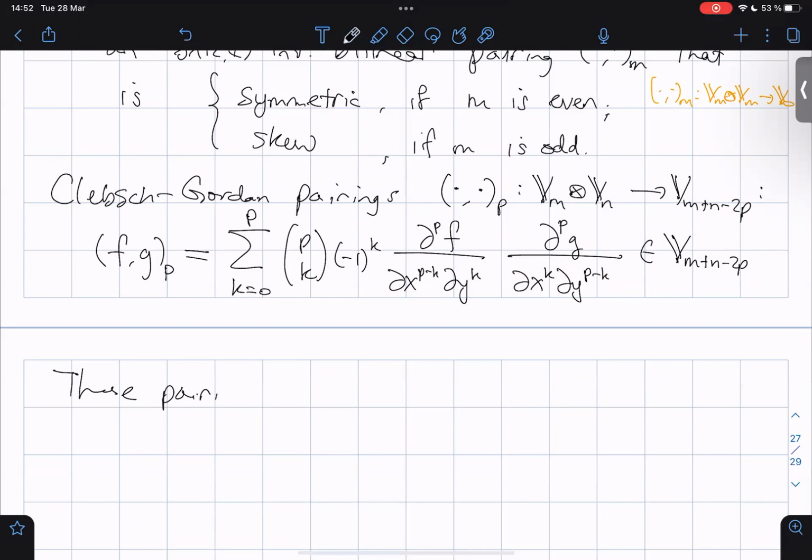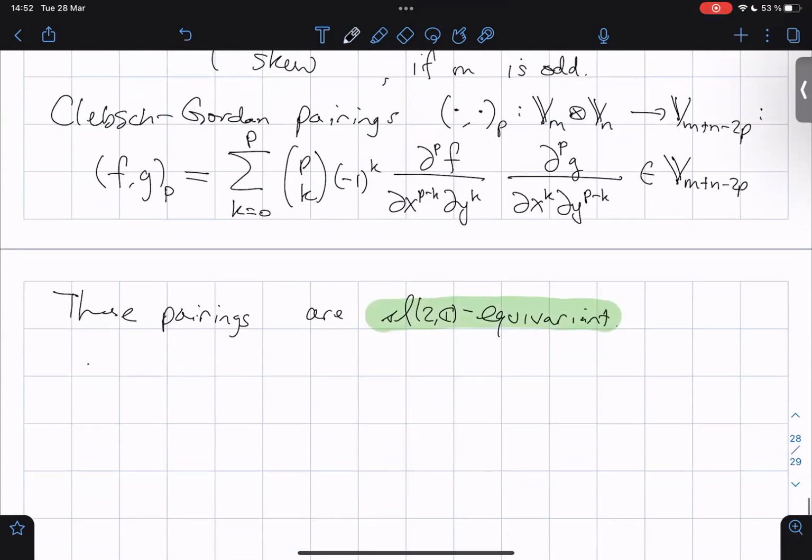So these pairings are so-called SL2C equivariant. What does that mean? At the Lie algebra level, you have to apply things with a Leibniz rule. A dot F in the first slot, keep the second slot the same, then do the pairing.